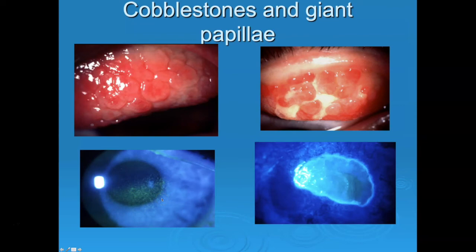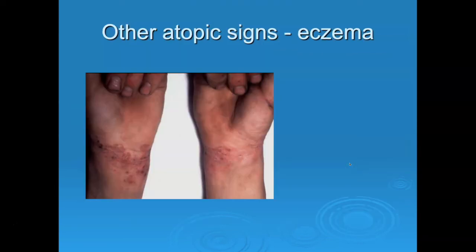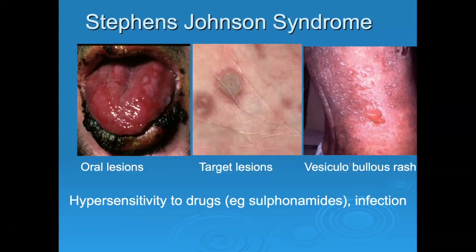There's epithelial erosions, which can lead to complete breakdown of the epithelium. This is a shield ulcer and can lead to perforation and long-term scarring with visual impairment. Allergic eye disease, of course, is associated with other signs of atopy, such as eczema.